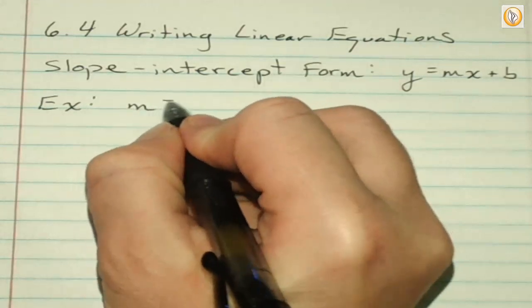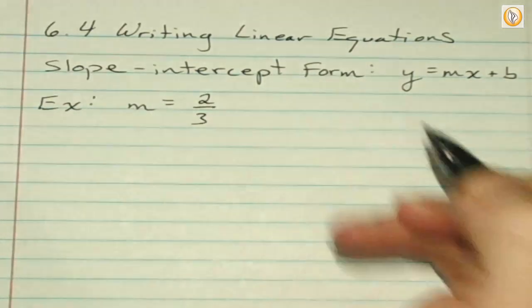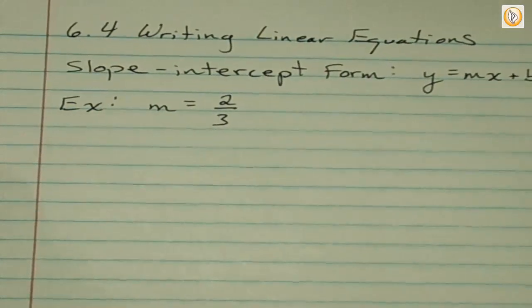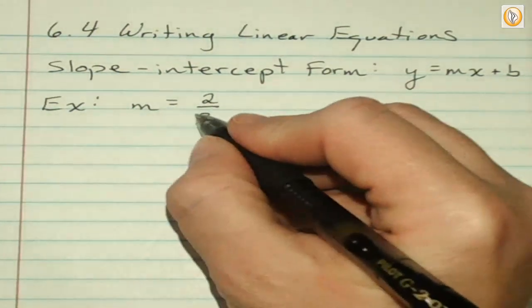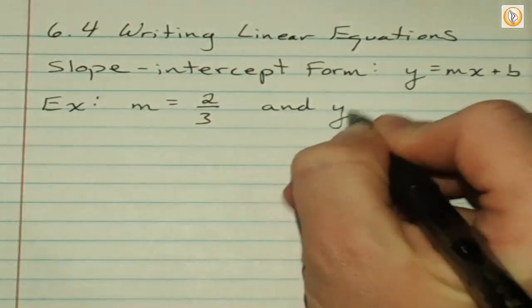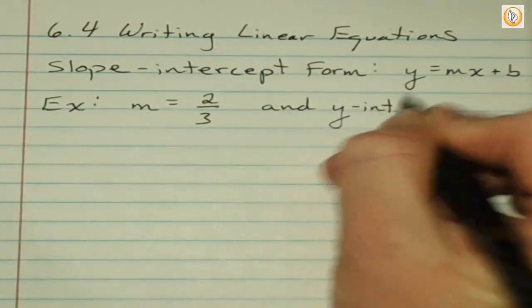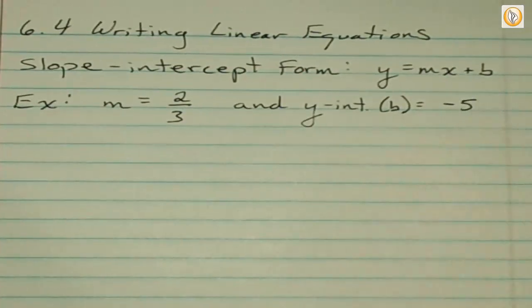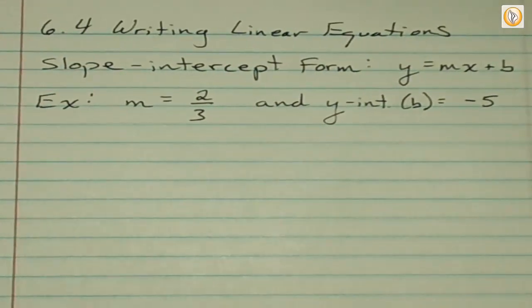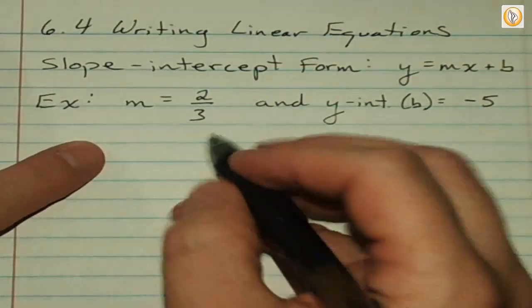Let's do an example. If I said that the slope was 2 over 3, remember, that is rise over run. If I have the slope as 2 over 3 and the y-intercept, which is b, is -5, and I said, write the slope-intercept form using that information, all you have to do is plug that information in.